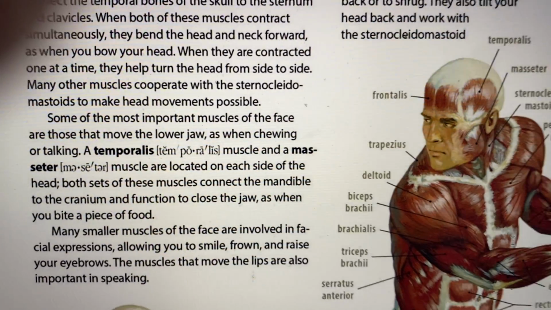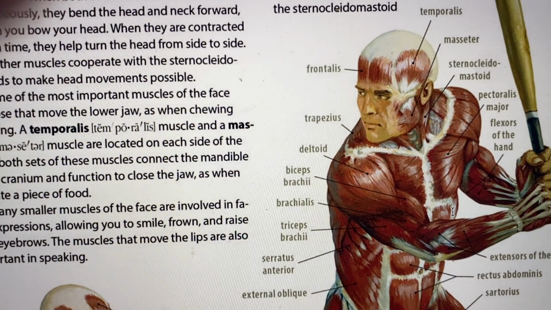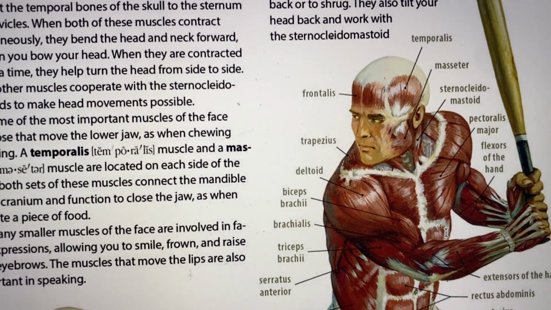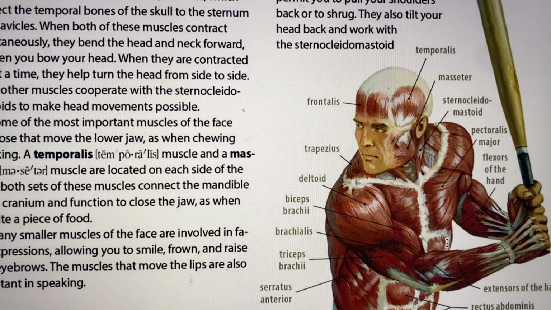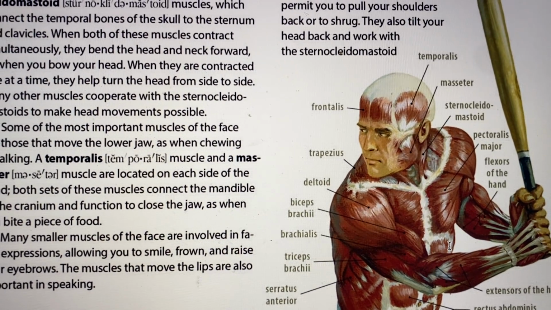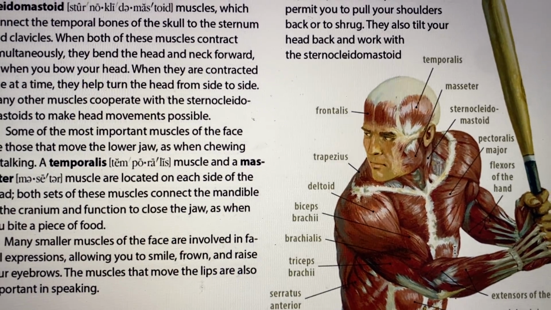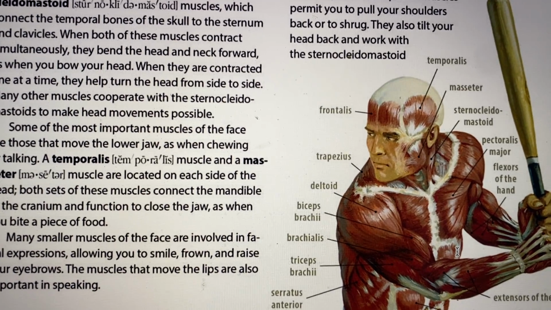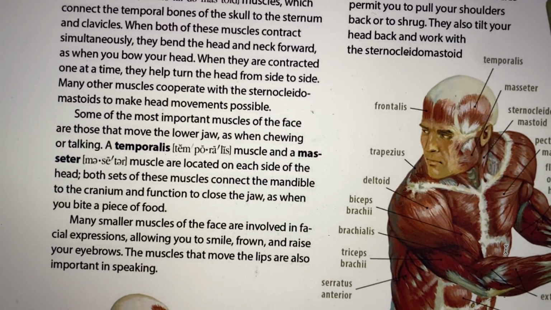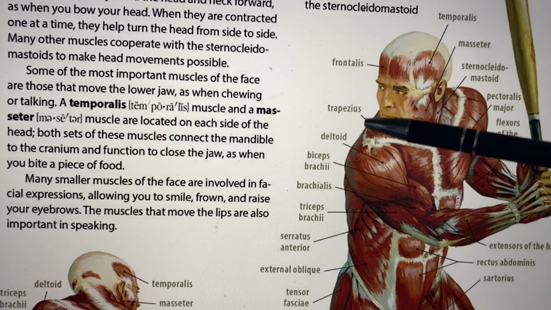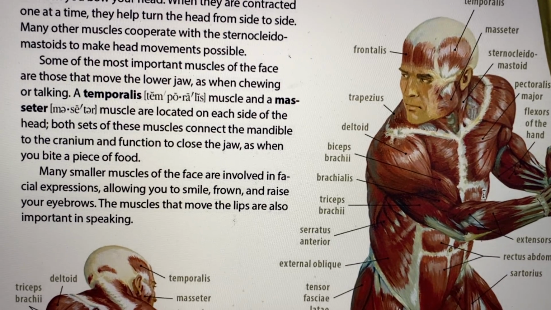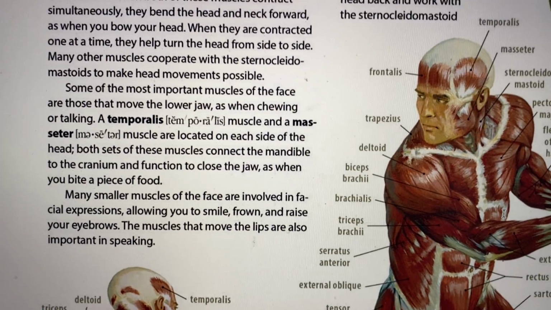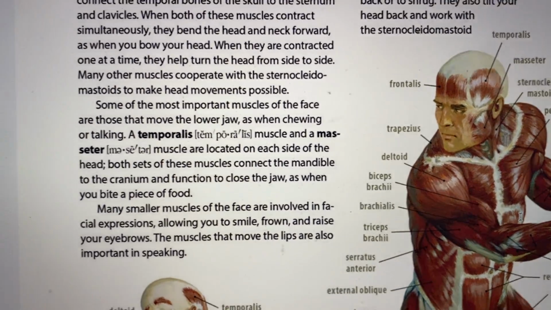Okay. Now that's enough for the face. Let's go on to the shoulders and the ribs. One of the most important muscles of this area is going to be the trapezius. You can see it on your shoulders right here. Trapezius, I think it's shaped like a triangle.